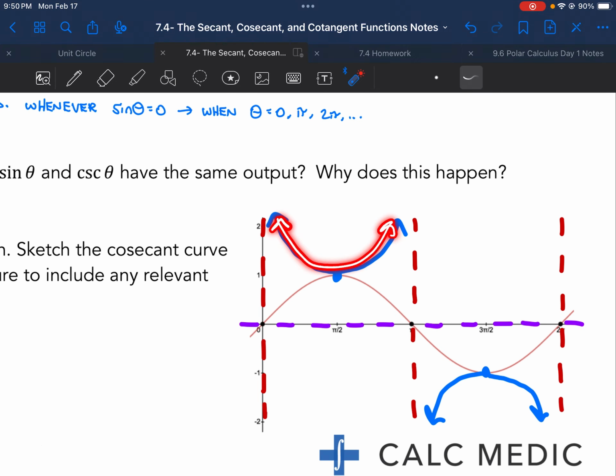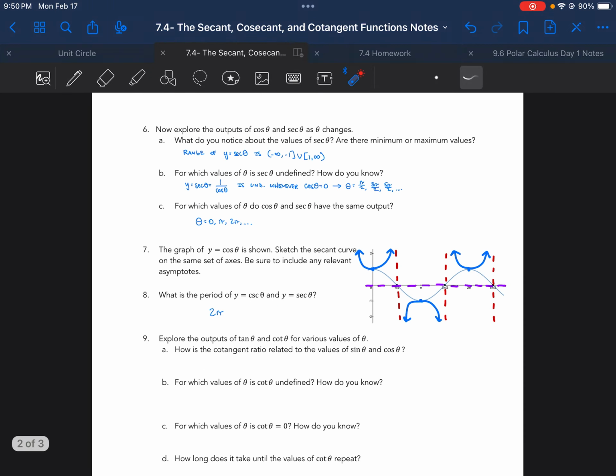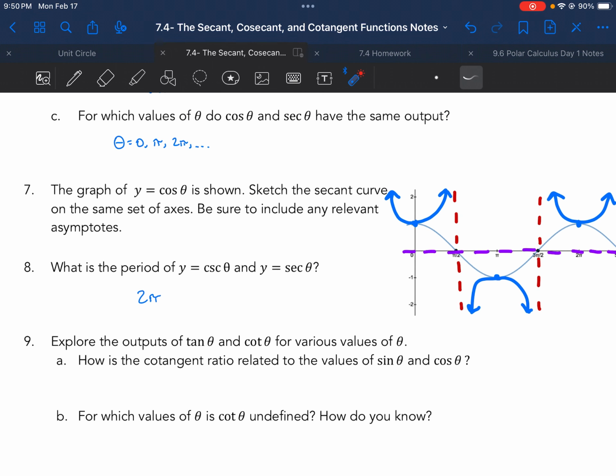Upward shape starting at 0, then the downward shape ending by 2 pi. One upward shape, one downward shape, that represents the period for secant and cosecant. All right? So the period of secant and cosecant is the same as their reciprocal period for sine and cosine, and we know that the period for sine and cosine are both 2 pi.